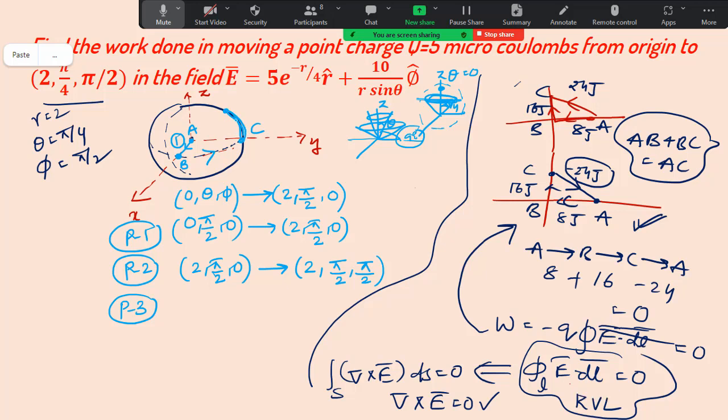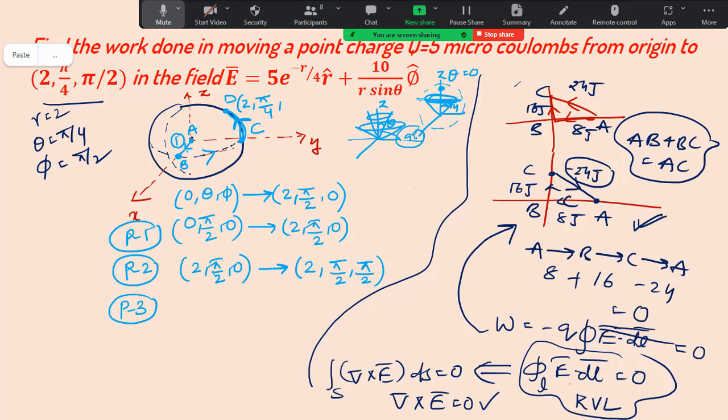That means still we are moving on the surface of the sphere only. The last point D is also on the surface of the sphere. That means R is 2, but theta is reduced now. Theta on the xy plane is pi by 2, but theta is there in the middle, that means it is pi by 4, 45 degrees only. But still we are on the yz plane.